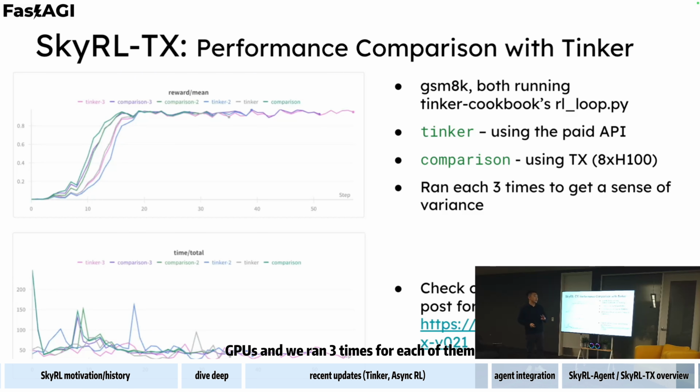We ran 3 times for each of them to get a sense of the variance. As you can see, for some reason TX converged faster than the Tinker runs, and the timing is roughly the same. So this is a validation of the implementation. Check out the release blog post that talks about this performance comparison for more.